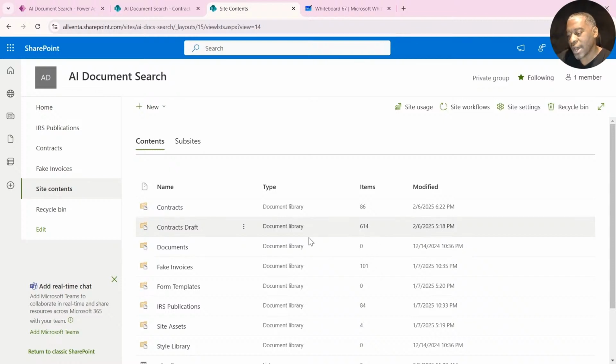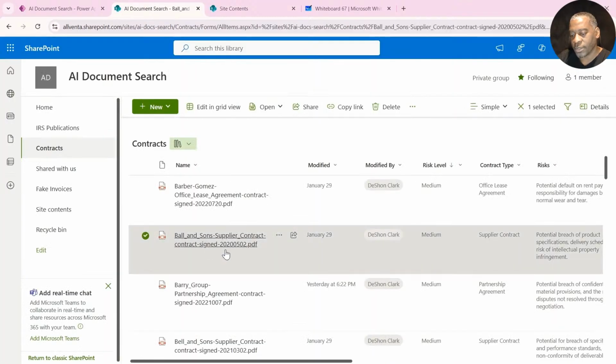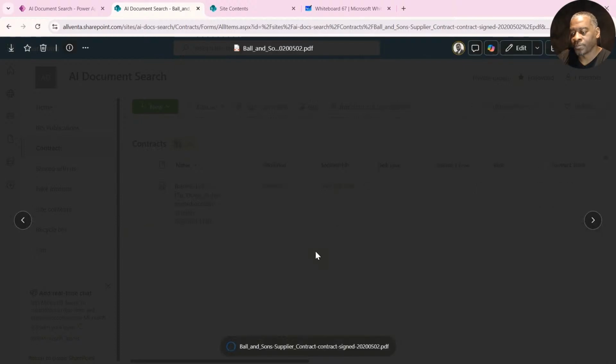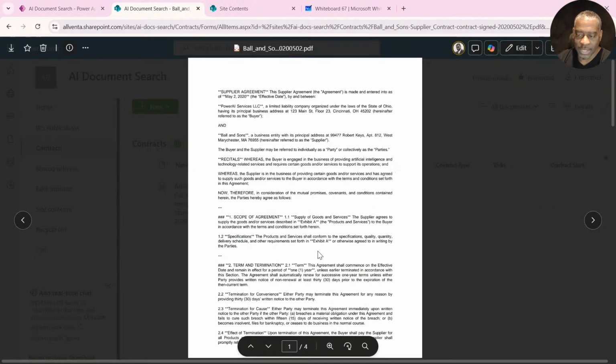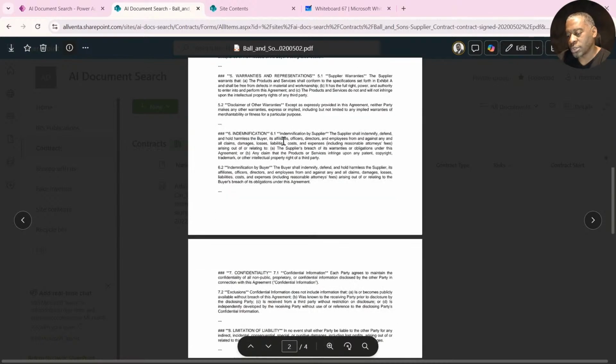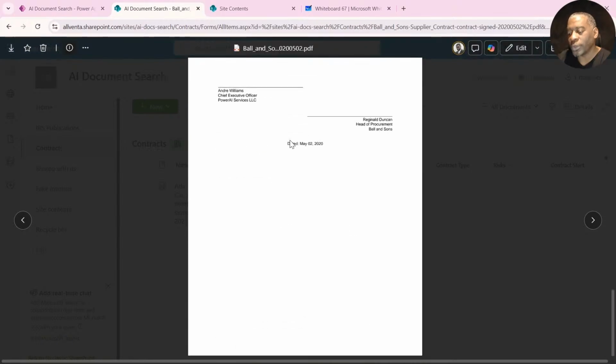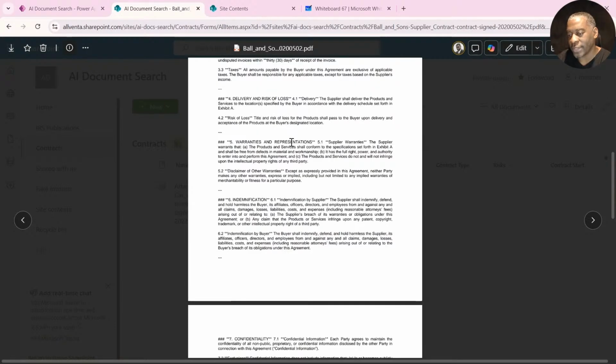So we look at time. For a human to go through this document, let's just say I'm going to pick on Ball & Son supplier, and extract out those, I think it's like 8 data points that you want to extract from the contract. It probably would take someone who's pretty fluent in their job and knows how to scan through these.